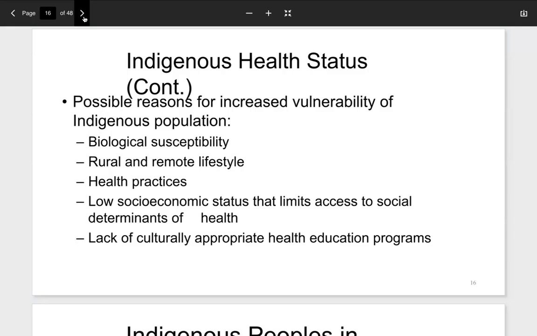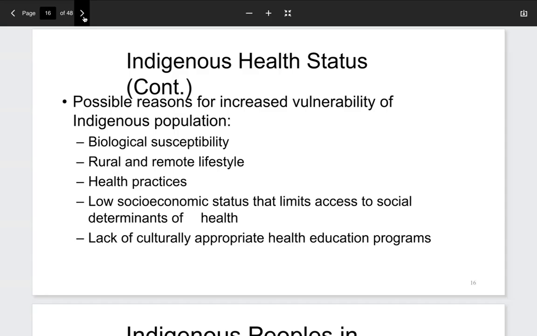Grocery prices are skyrocketing. So these rural and remote lifestyles, which are part of their traditional culture, can also make them more vulnerable to certain medical conditions and socioeconomic factors because of the lack of support from the overall government.